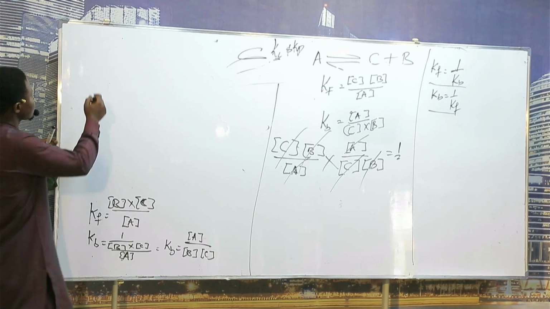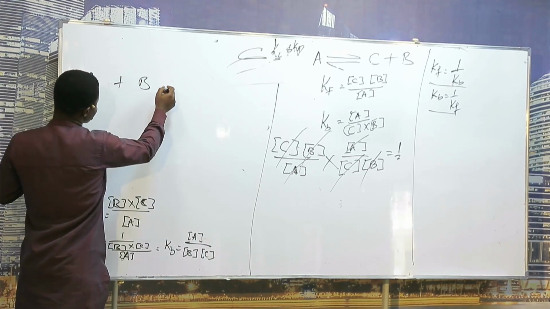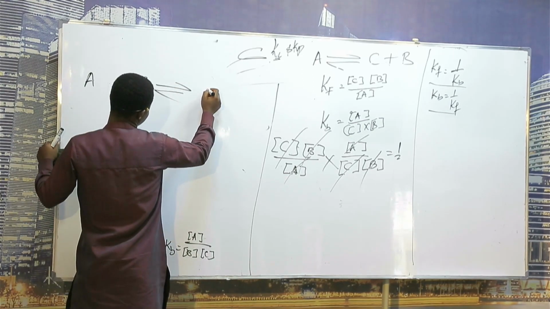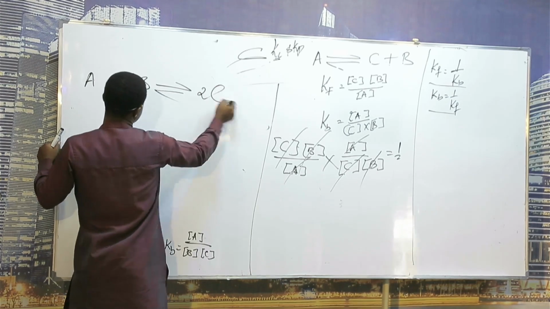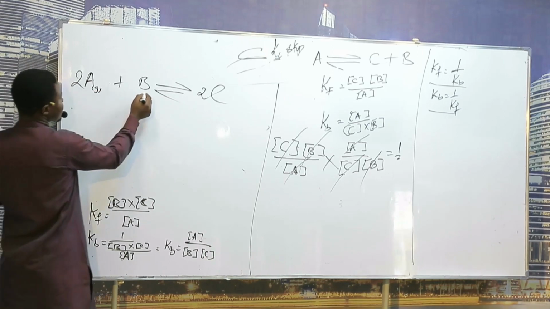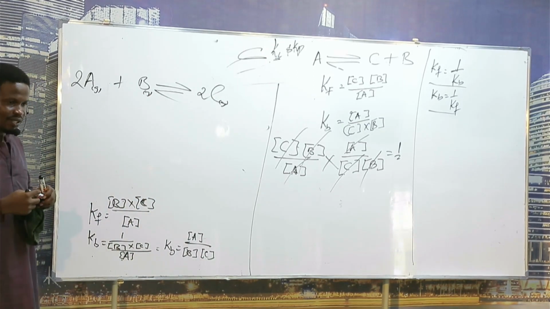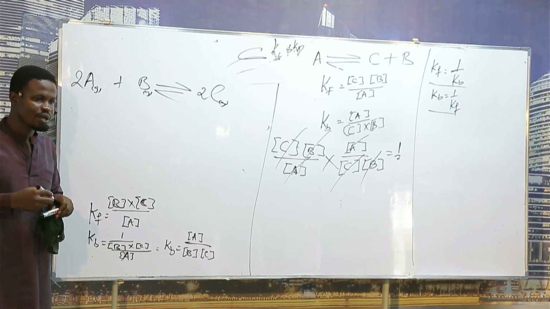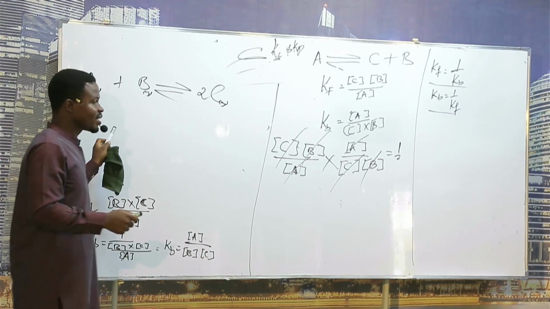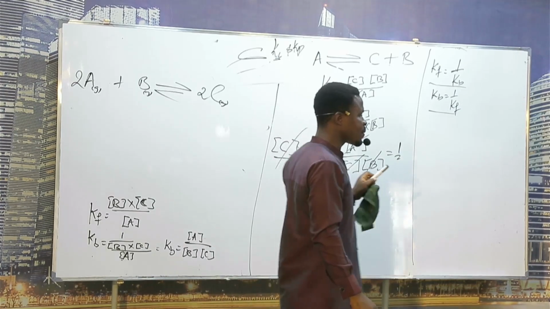Okay. Let's say I have A plus B giving us 2C, all gases, and we are asked to express the equilibrium constant in terms of partial pressure.